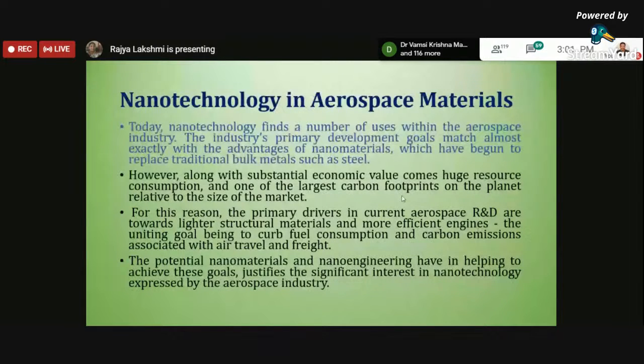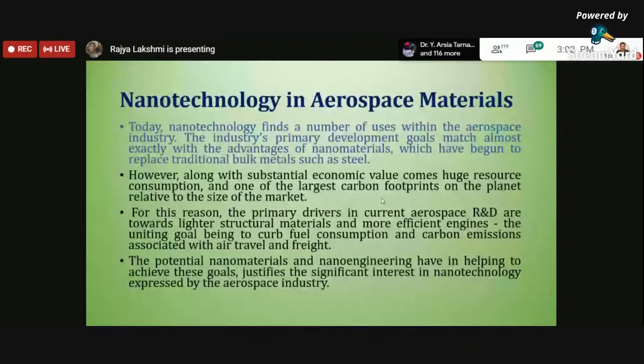So how to manipulate the material without compromising other properties, but we need to get lightweight. The material should be lightweight, but still other properties should be the same. So people started adopting nanotechnology for reducing the weight of the material without compromising other mechanical and non-mechanical properties.